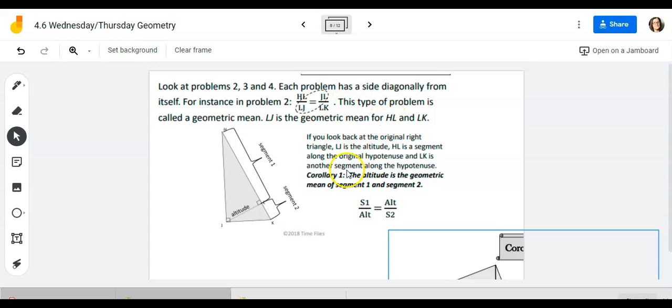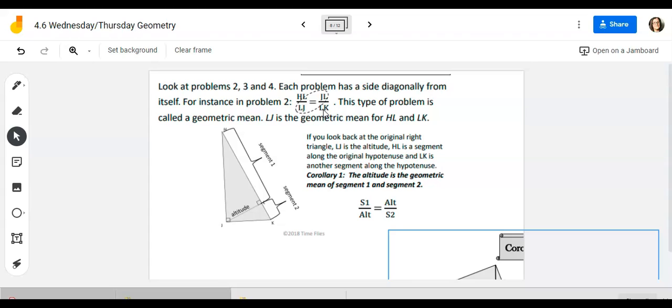So you could replace these with an x. So let's say that's x times x. So that would be x squared. So x squared would equal whatever HL times LK is. So whatever that number is, you would have an x squared equals that number.